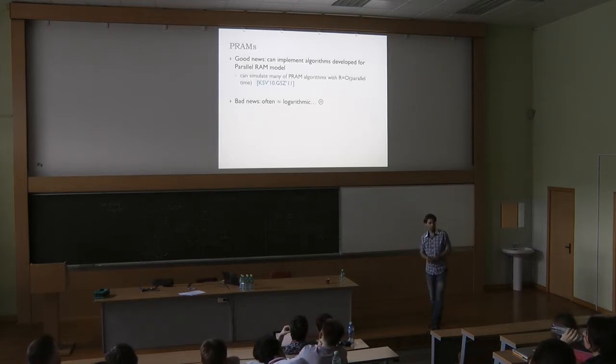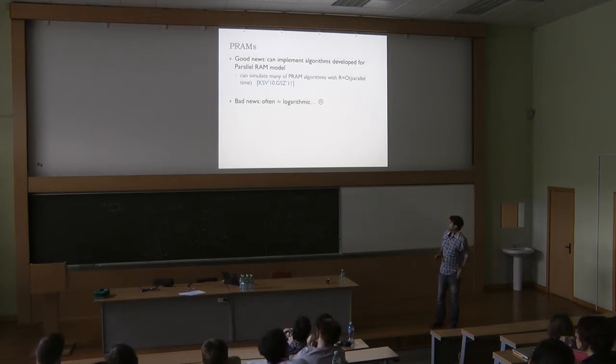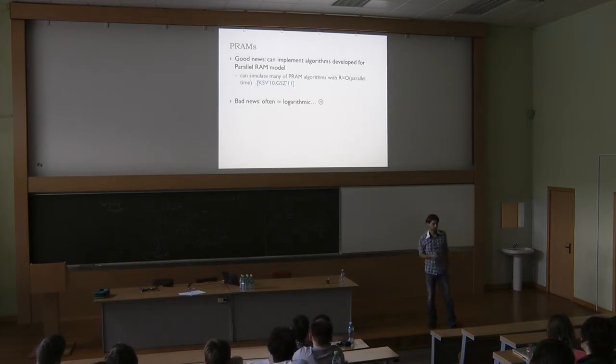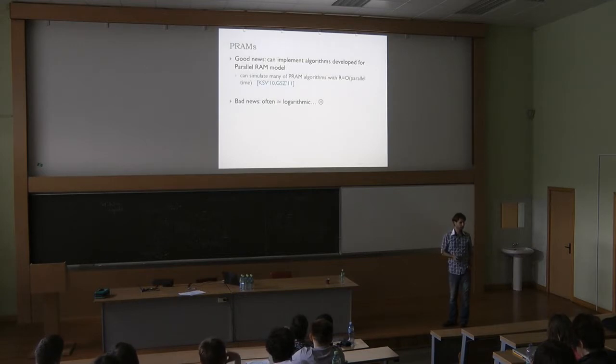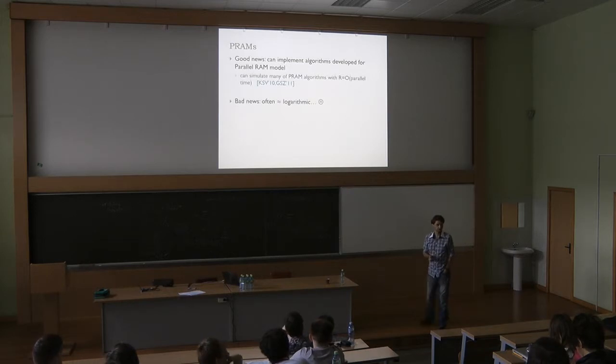And you can do this even for the craziest PRAM model, which is called CRCW. This is really good. It means you can take decades of research into algorithms and port it here, and we immediately have a bunch of algorithms.